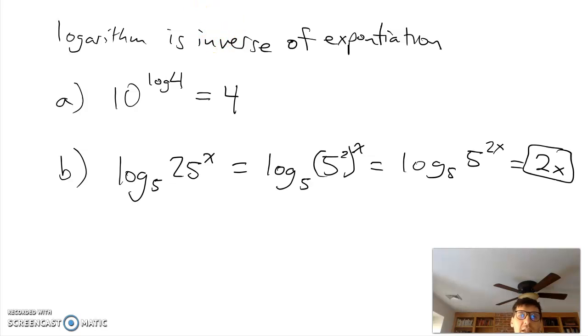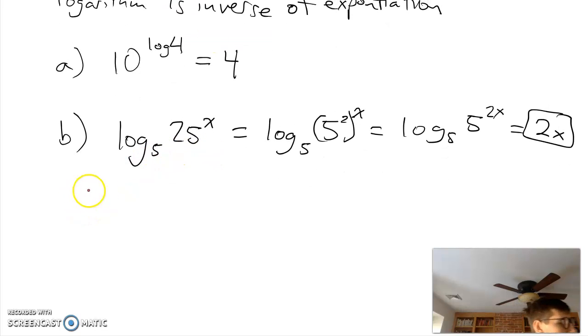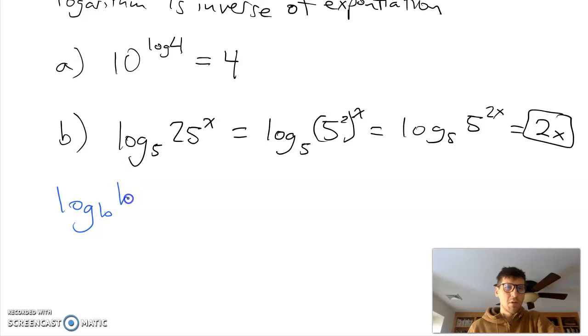The last thing I'll show you are the rules that correspond to these inverse properties. If I have g of f of x, like a function inside of a function, well, let me actually rewrite it this way. Sorry about that. If I have, for instance, log base b of b to the x, that's always just going to be x. Those inverses undo one another.